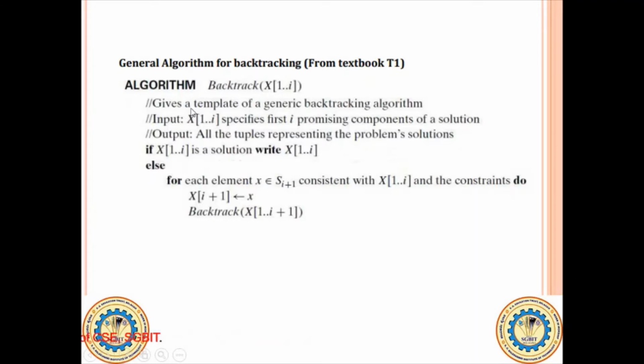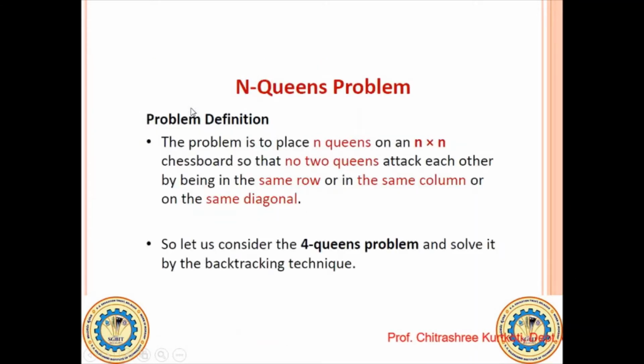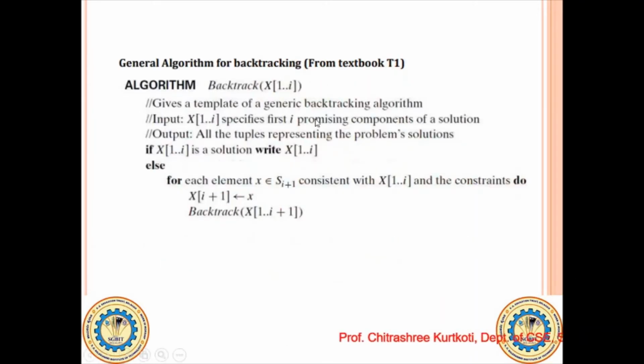So here we are given a template of a generic backtracking algorithm. What will be the input for this algorithm? The input is an array X, which has the components and specifies the first i promising components of a solution. The output is all the tuples representing the problem solution.